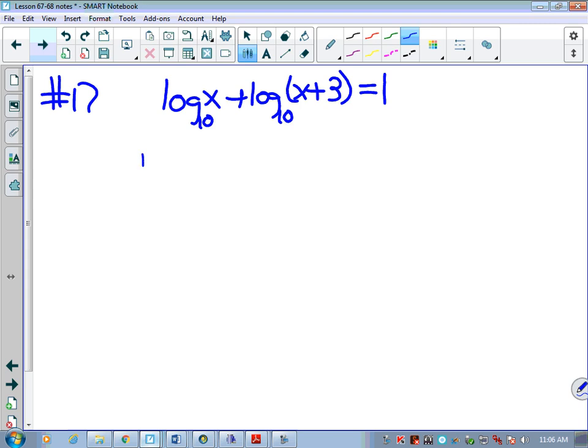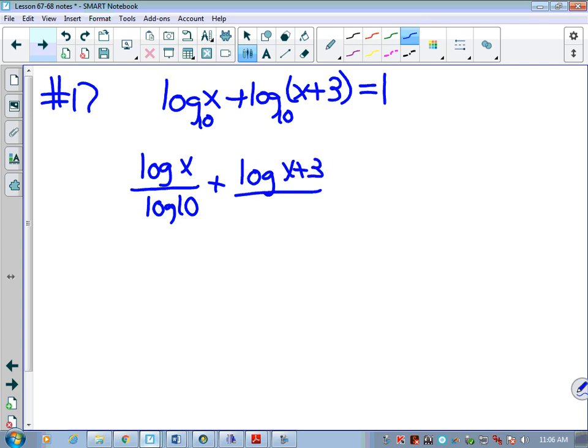Okay, so this would be the same as looking at this as log x over log 10, plus log x plus 3 over log 10 equals 1, okay? So anytime I see this, ultimately what I can do is multiply that side by 10, right? Okay, so what I'm going to end up with is x times x plus 3 equals 10.